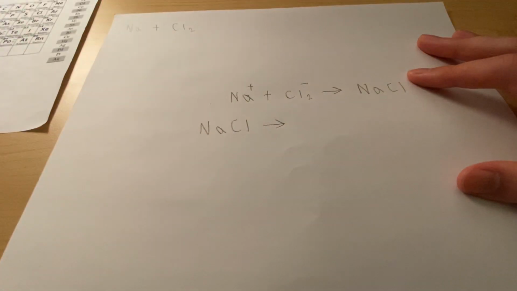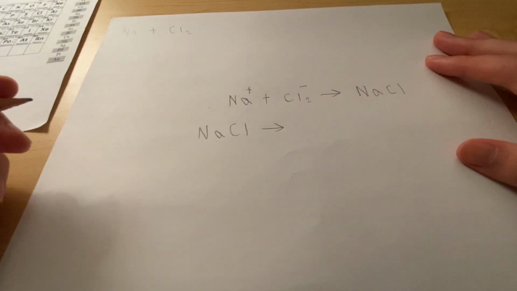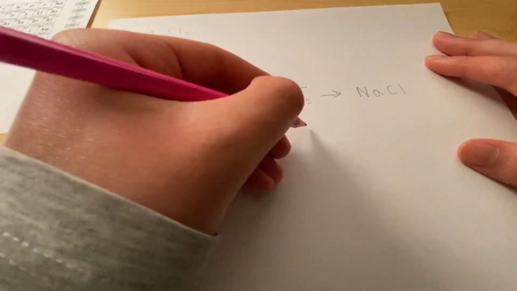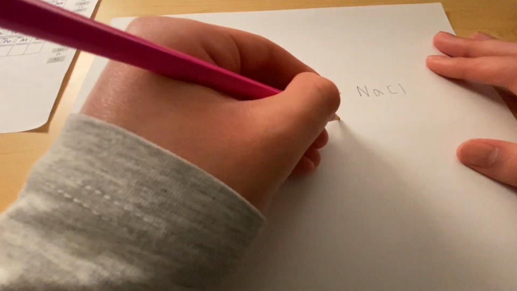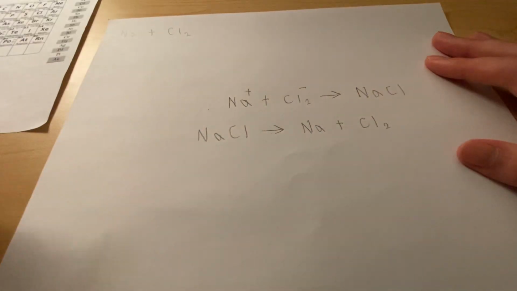And it has to break down, right? A decomposition reaction, okay? So what does it break down into? Well, it's pretty simple. It's just the reverse of what we did up here. Sodium plus chlorine. And now that chlorine's alone again, you have to add that diatomic, all right? So that is an example of a decomposition reaction, okay?